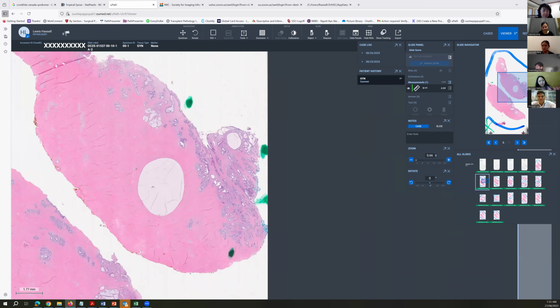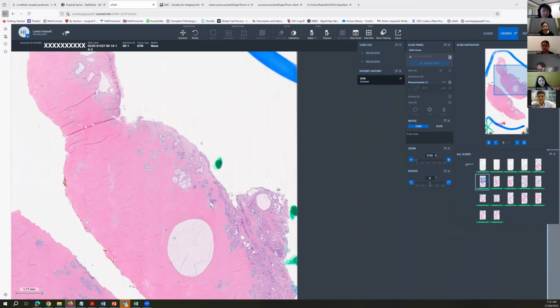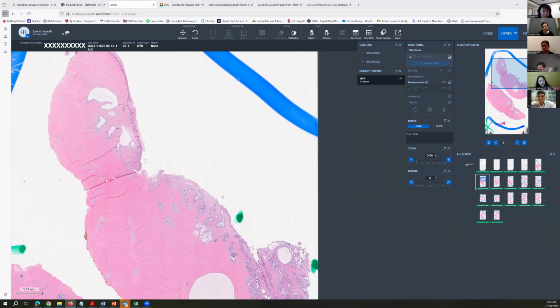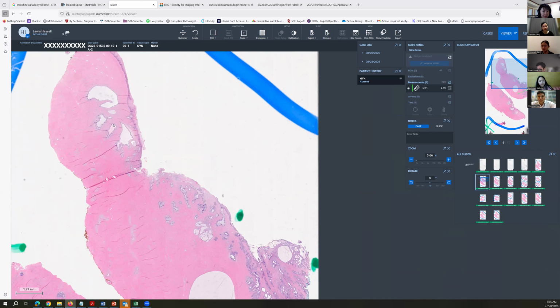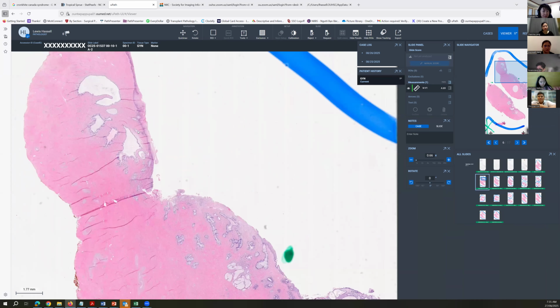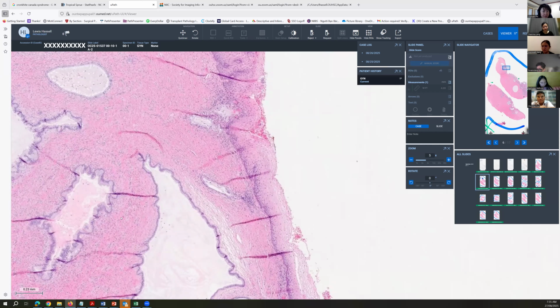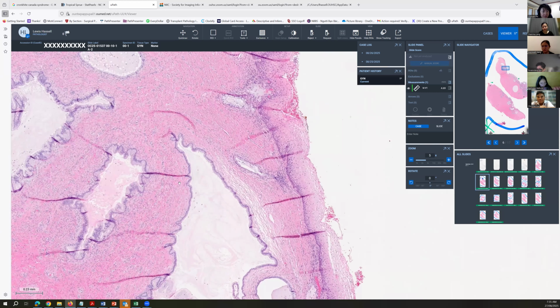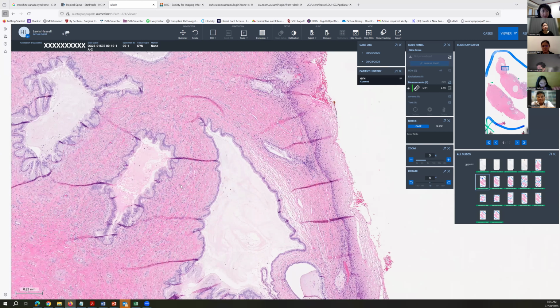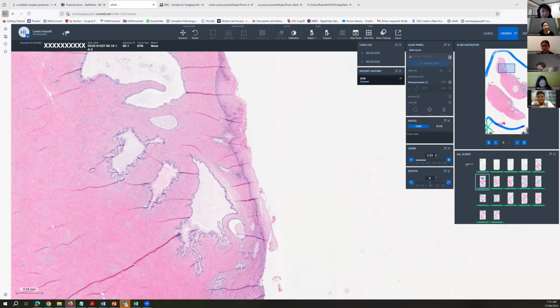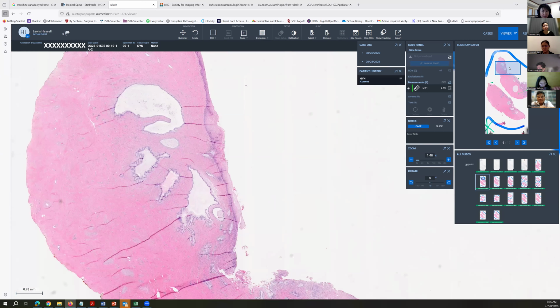And as you see, it's mostly glandular tissue. As we get over here to this end, you can see a little bit of squamous mucosa and the underlying benign endocervical glands. So this is probably the exocervical aspect.